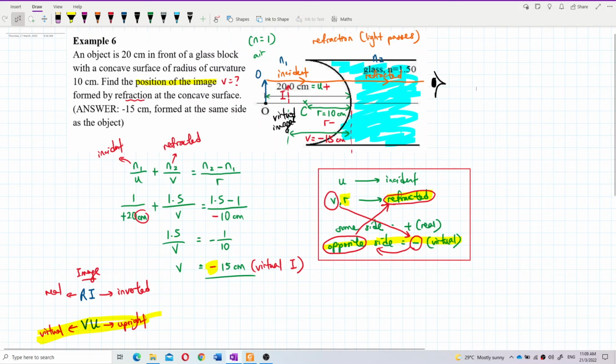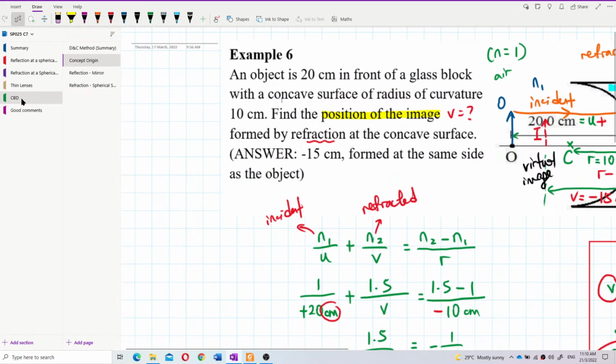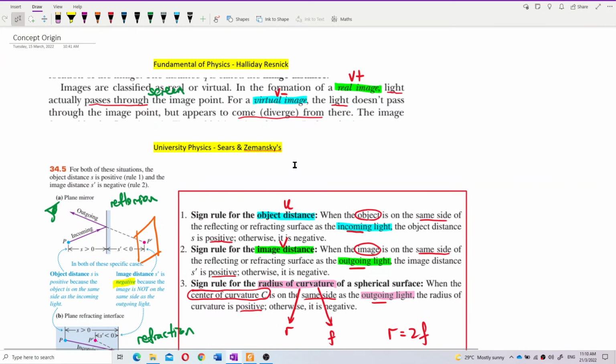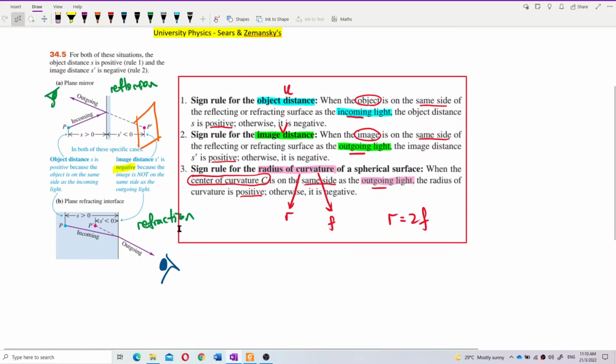So what is this virtual image? Virtual image means the light seems to come from this virtual image. Go back to our notes, our concept. Virtual image doesn't pass through the image, but appears to come from there, diverging from there. It's just like this refraction.